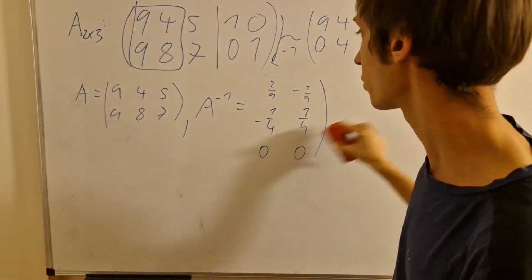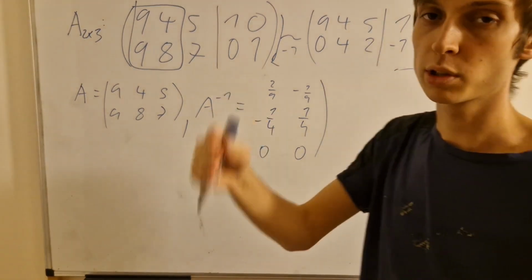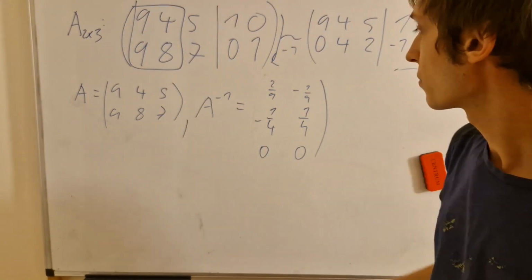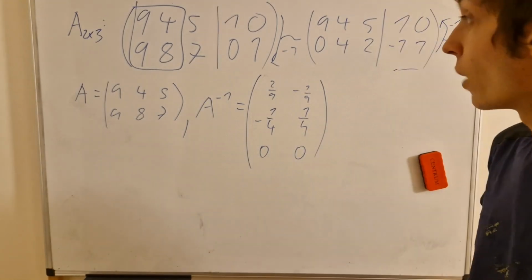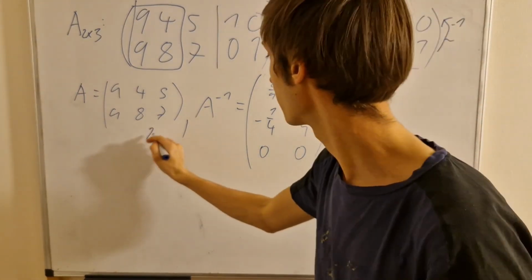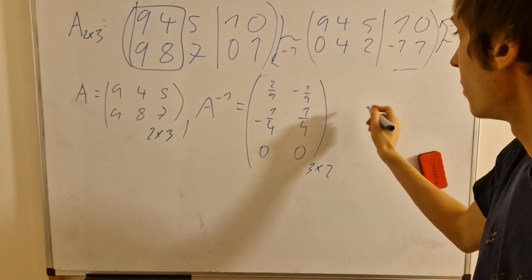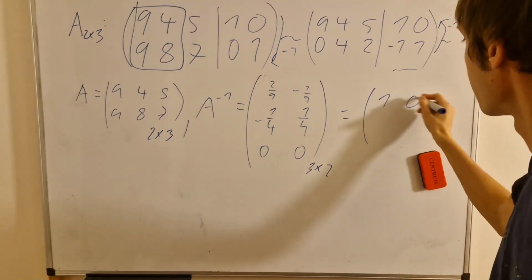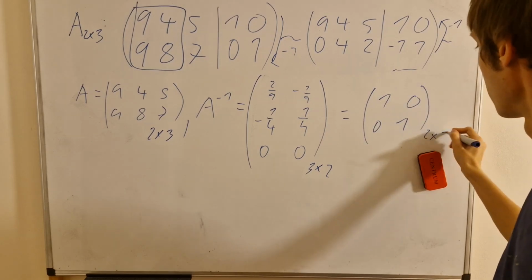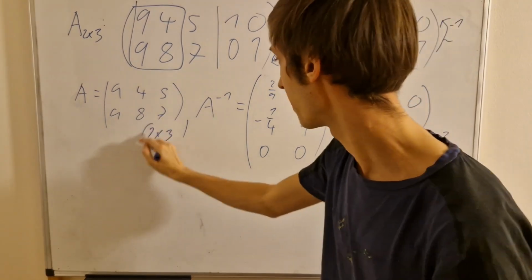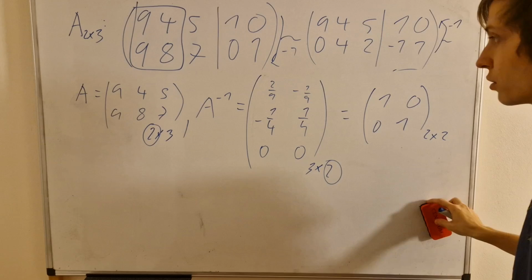Well, of course, if we have a 2 by 3 matrix, we should multiply by a matrix that's 3 by something. So to be symmetrical like this, well, we want this, if this is 2 by 3 and this 3 by 2, we want the result to be 2 by 2 to give this. Because we're working with these outer dimensions to give the dimension of the resulting matrix of the product.